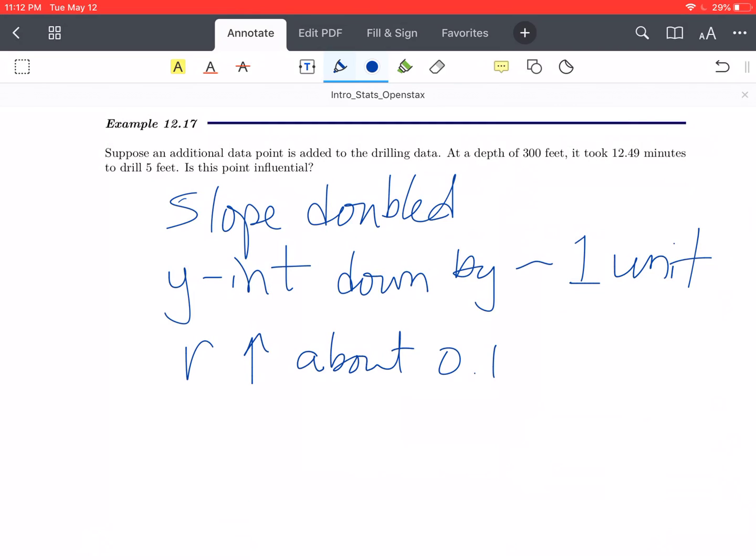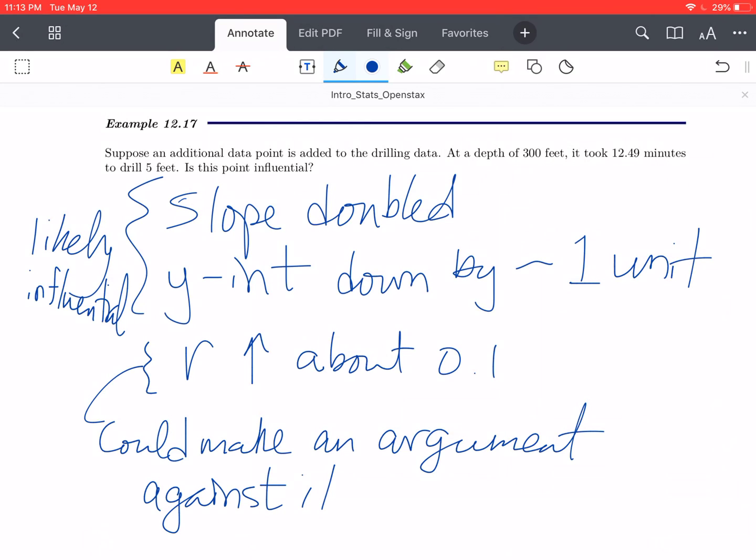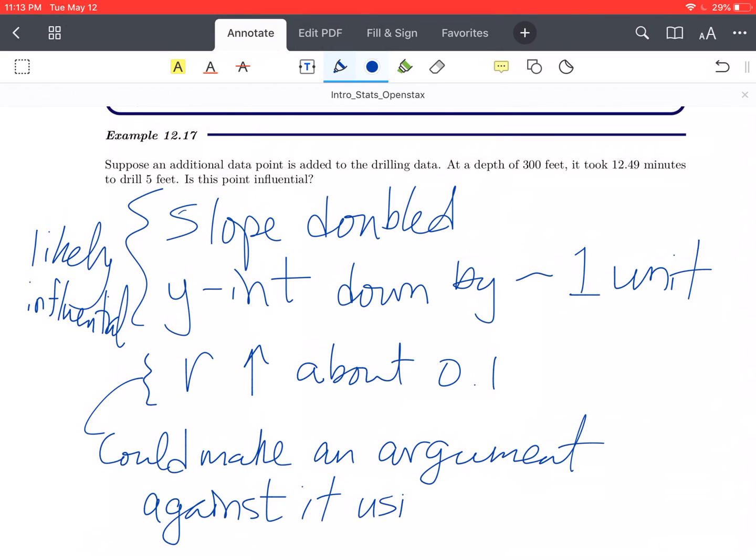Again, you can make an argument either way on that. So I would say ultimately, due to the change in slope and the y-intercept, I would say it is likely influential. But you could make an argument against it, using the correlation coefficient.